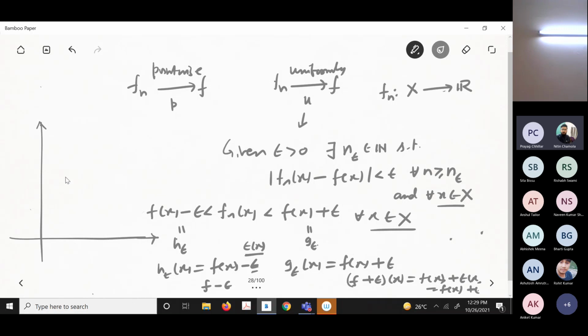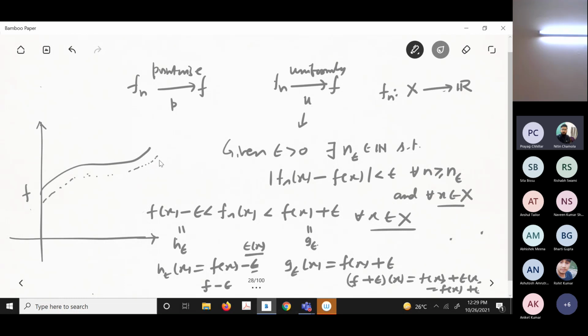Suppose this is your graph, up to this you can take. This is your f, suppose. So if you take f plus epsilon, f minus epsilon, that I have drawn on the last page.